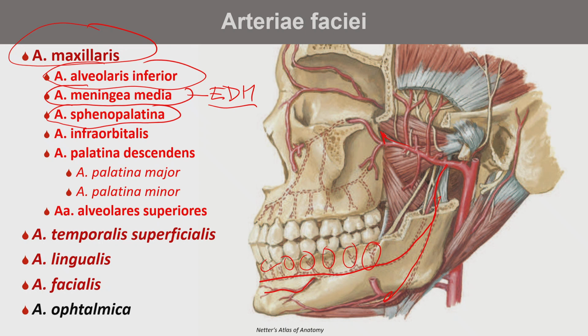Then we have arteries which are supplying also the maxilla, then maxillary branches, infraorbital, which is going in the infraorbital groove, and then the infraorbital foramen, and going outside.